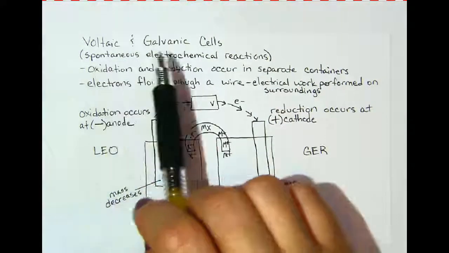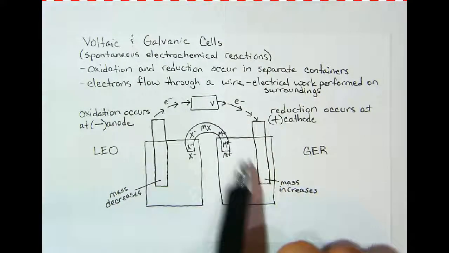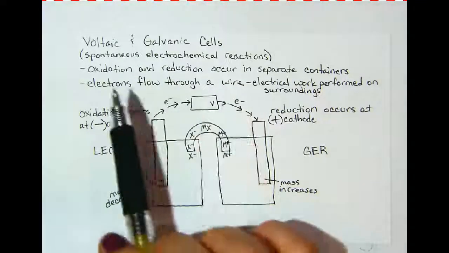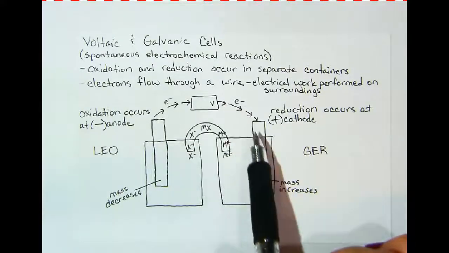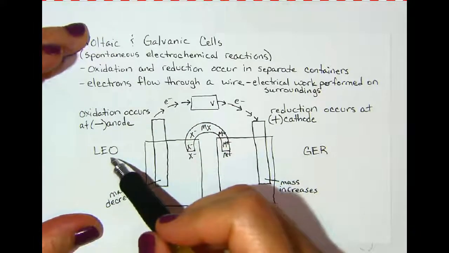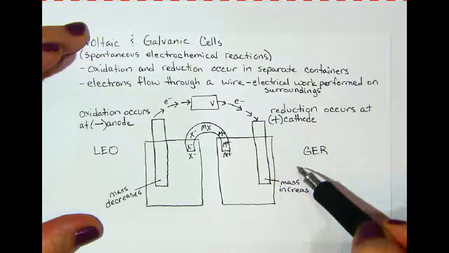So spontaneous electrochemical reactions allow us to create a battery. Oxidation and reduction occur in separate containers. Electrons flow through a wire where electrical work is performed on the surroundings. Notice the electrons are always going to go from the oxidation side to the reduction side.